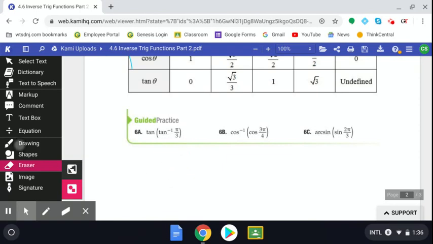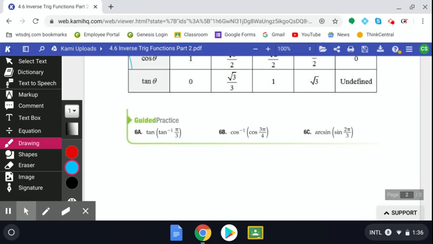Okay, so now 3 pi over 4, I need to check what I had before, that for inverse cosine of cosine x, the domain restriction was that it needed to be between 0 and pi. And it is, so it's just going to be 3 pi over 4, because 3 pi over 4 is in the second quadrant, so we're good.